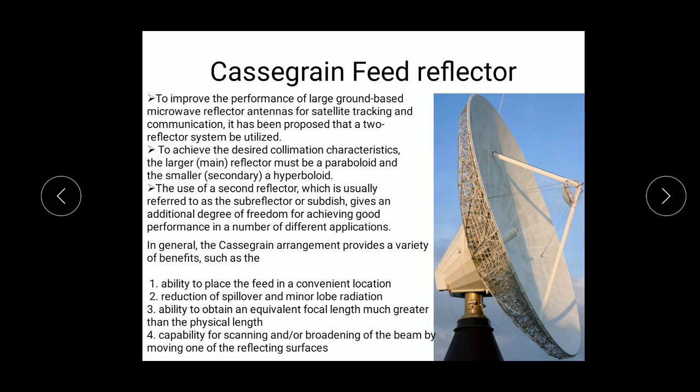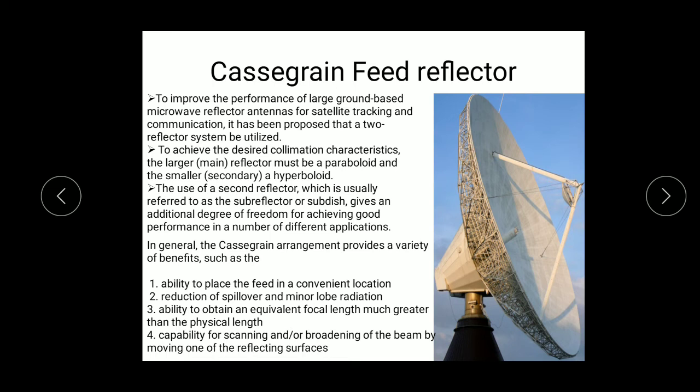To improve the performance of the large ground-based microwave reflector antenna for satellite tracking and communication, it has been proposed that a two-reflector system be utilized to achieve the desired collimation characteristic. The larger reflector must be a paraboloid and the smaller, secondary one is a hyperboloid.